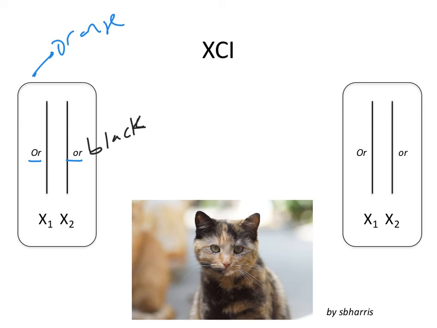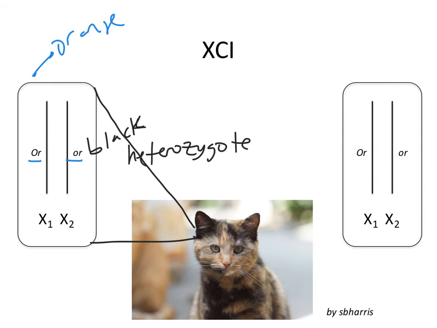One of these two X chromosomes gets turned off. So if you're a heterozygote, what's going to happen to your coat color? Let's say this is a diagram of a cell that came from a black part of the cat. So this is a black pigment producing cell.